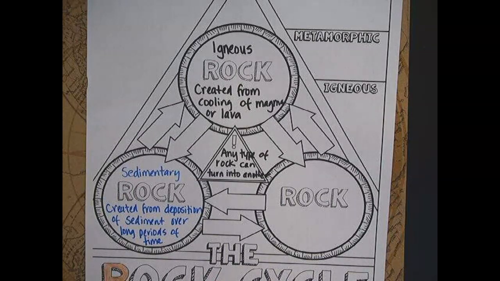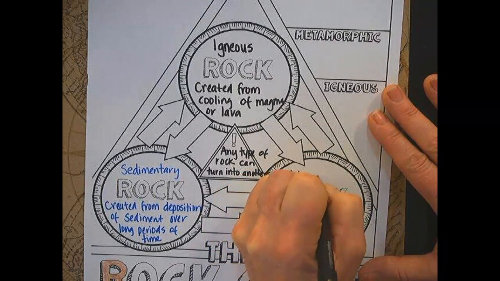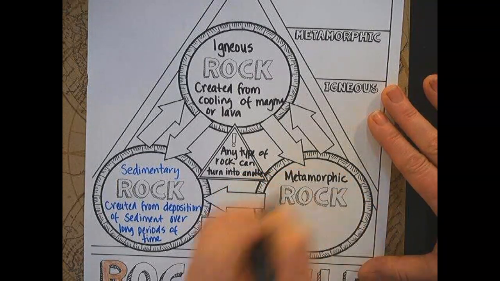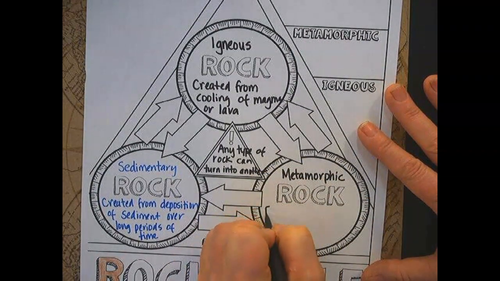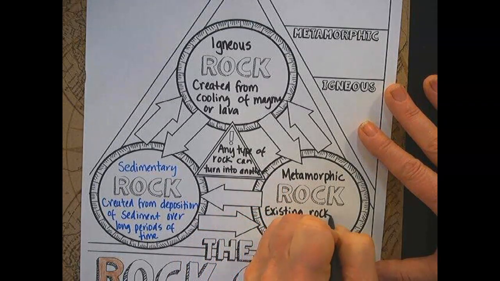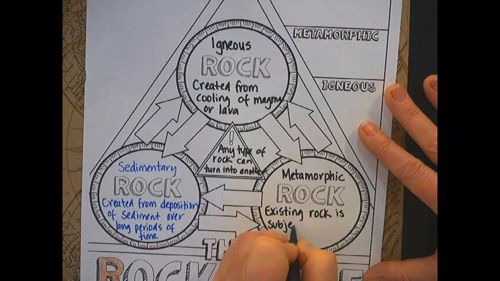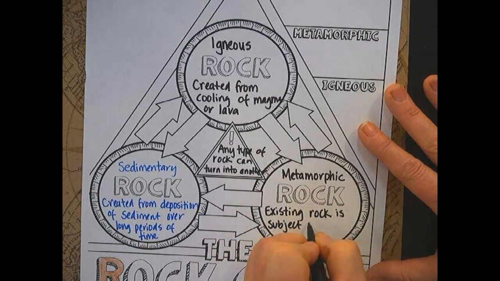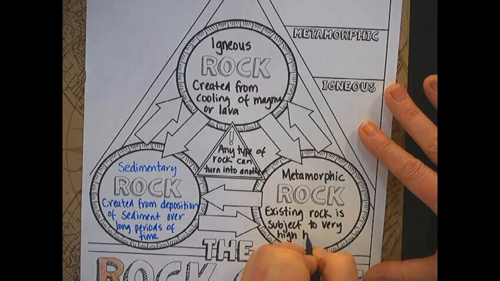All right, and then our last type of rock is metamorphic rock. It's over here. And we know metamorphic is rock that, so existing rock, is subject to very high heat and pressure.